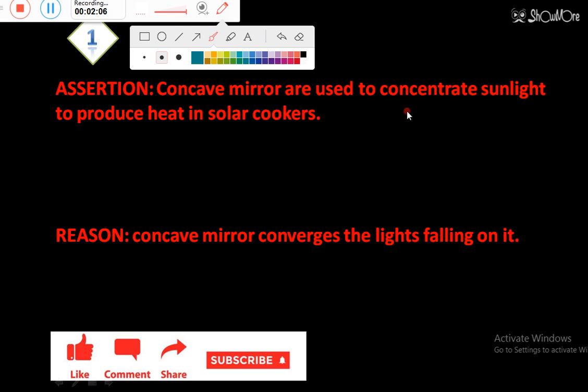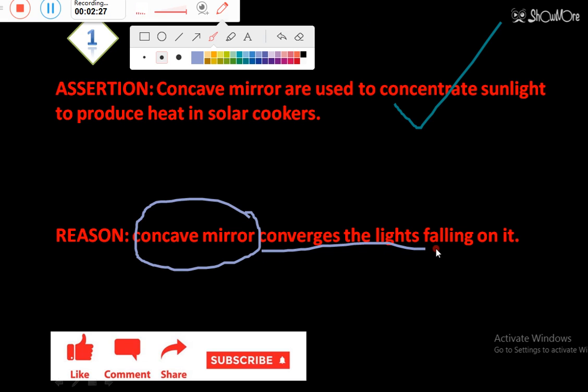We are using concave mirrors in the solar cooker to concentrate the sunlight, but why do we use only a concave mirror? This is described in the reason: they converge the light falling on it. So they are basically concentrating or converging the light. That is the exact reason.